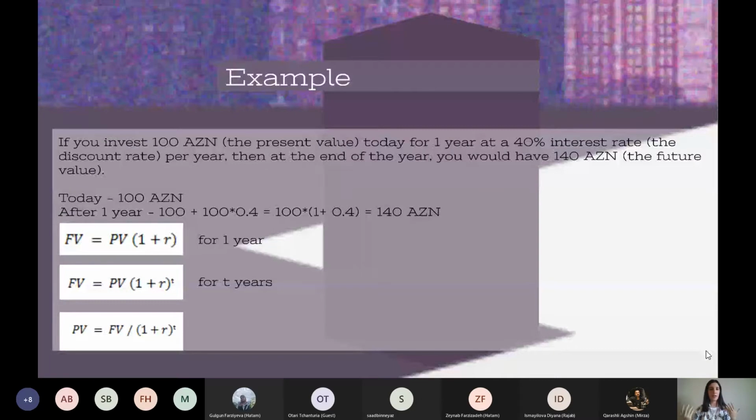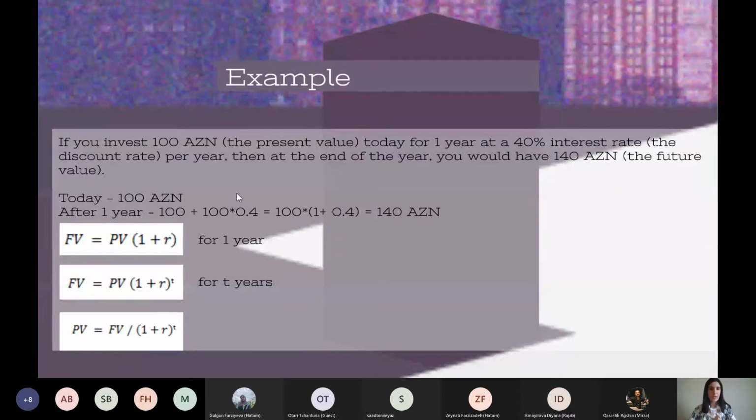How can I calculate it? So today you have 100 manats and you go to bank and put a deposit. This is your money, but you will earn additional money, which is interest, and this interest is 40% of your present value. So this 100 manats is mine, but this percent is what I earn.